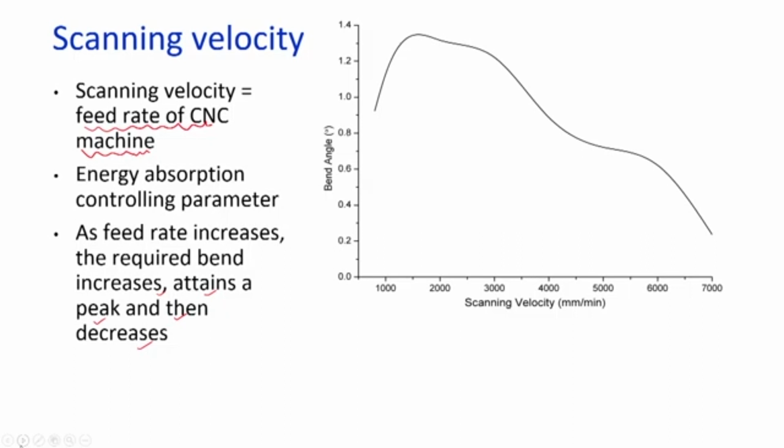On your screen you can see the bend angle plotted against the scanning velocity. Scanning velocity is in mm per minute and the bend angle is in degrees. On the x axis you can see the scan speed varying from about 1000 mm per minute to 7000 mm per minute, and the bend angle that we could notice is about 1.3 degrees.